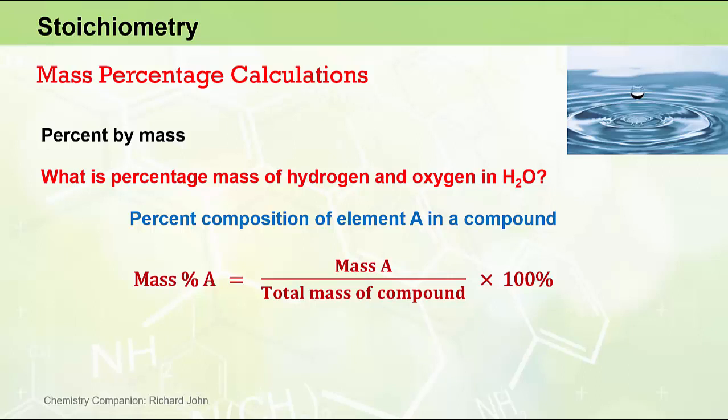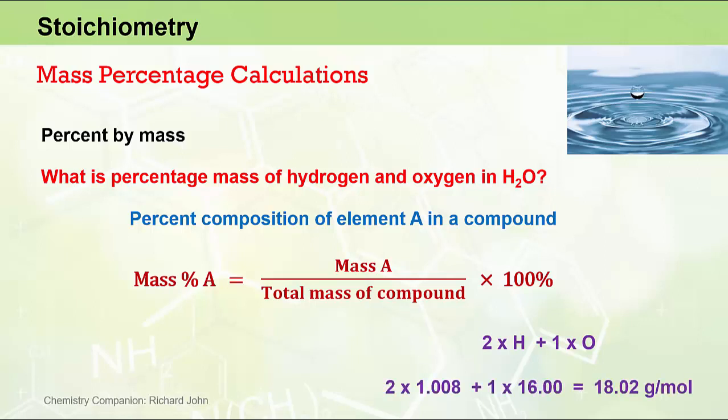So if we are talking about the compound water, we know that we can calculate the mass of 1 mole of water by calculating the molar mass. And we do that by summing up the molar masses of all the atoms in the molecule, which is 2 times the molar mass of hydrogen plus 1 times the molar mass of oxygen.